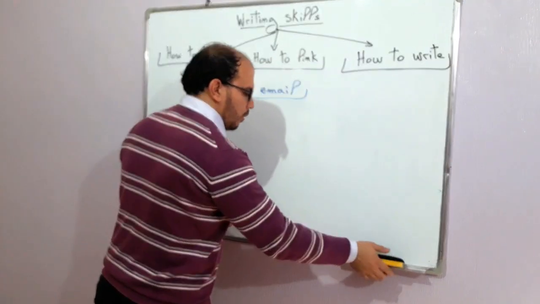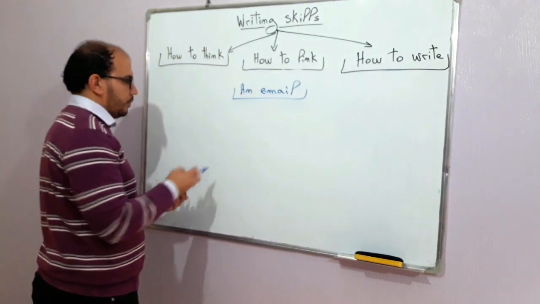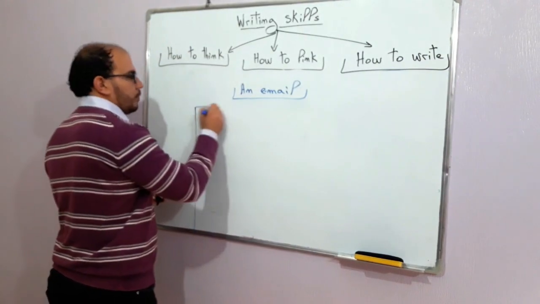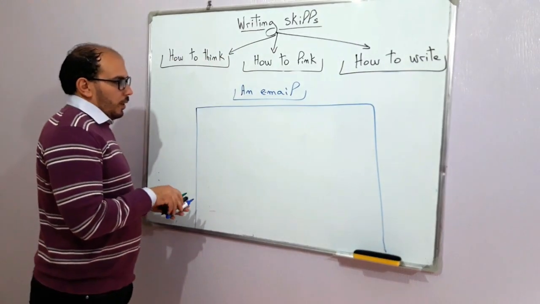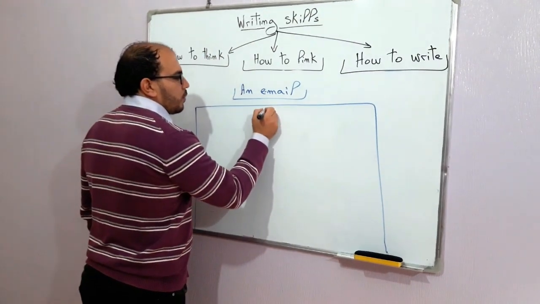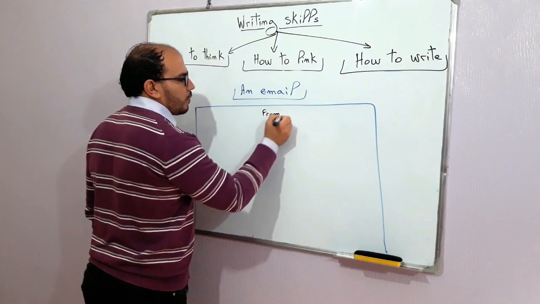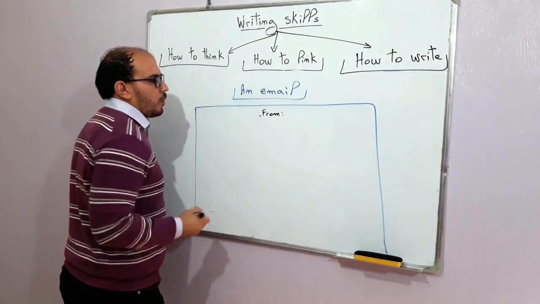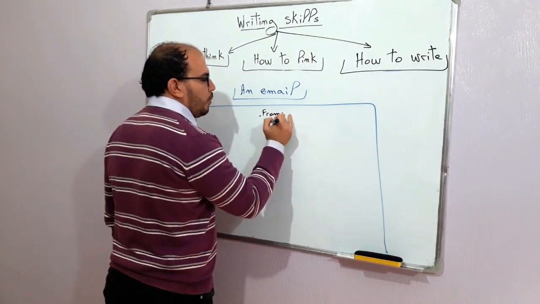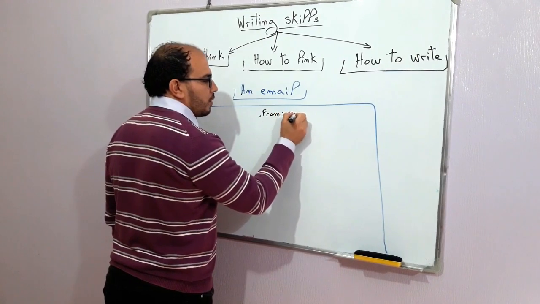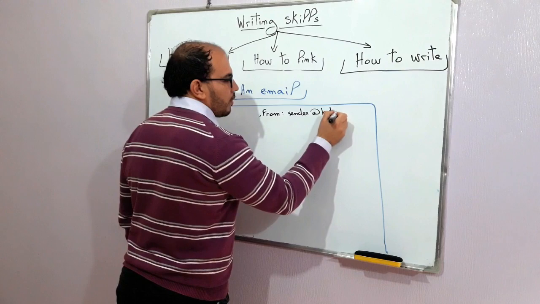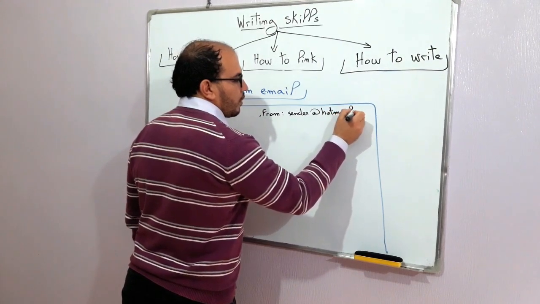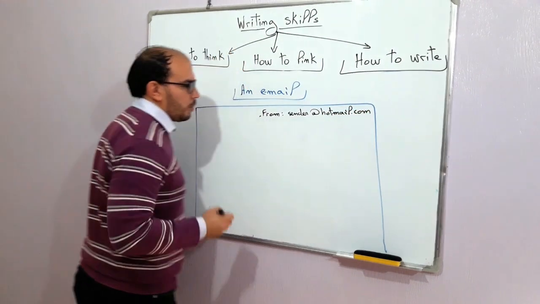So what is the form of an email? Right, the first thing is from. From means I have to write the email of the sender, for example.